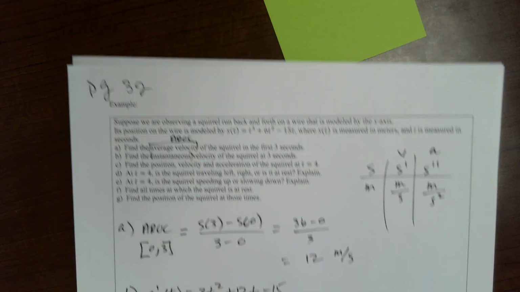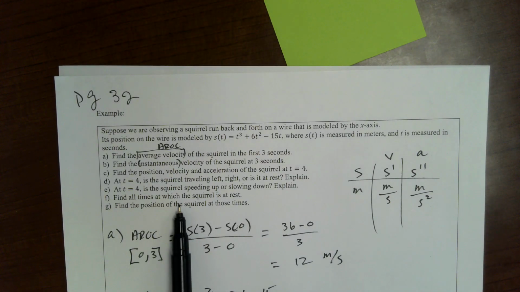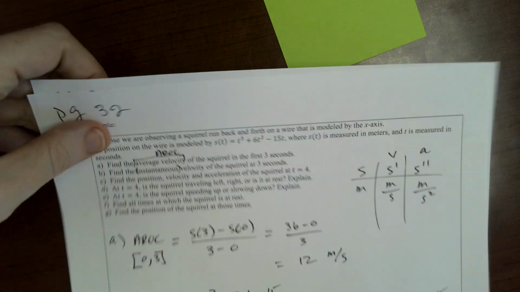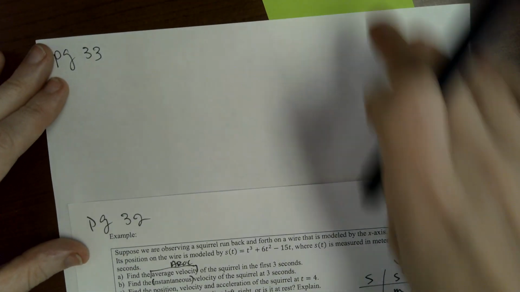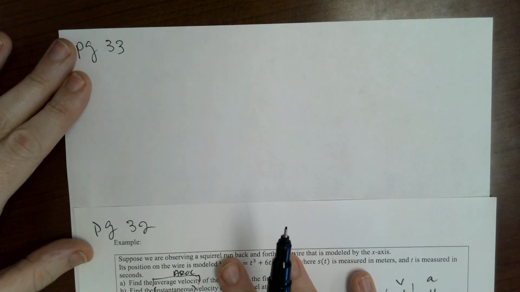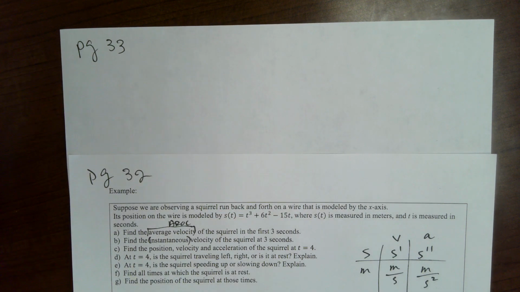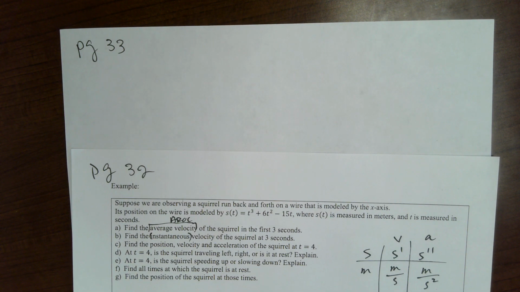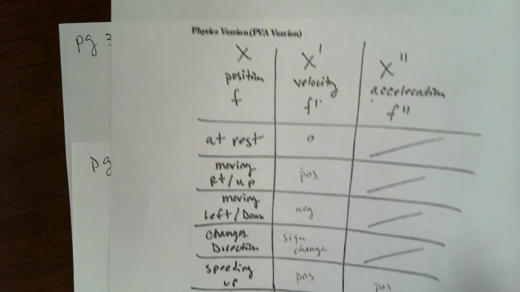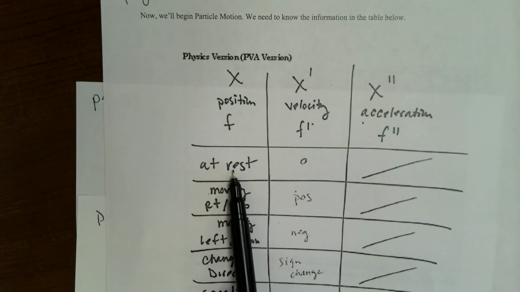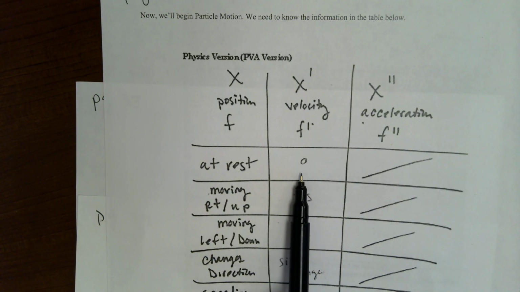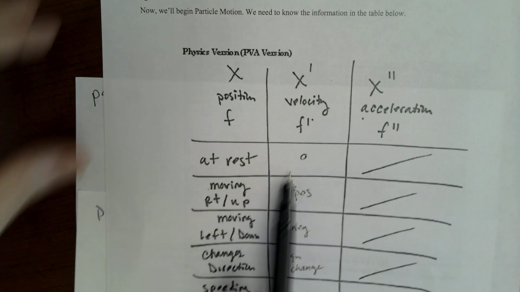Okay, find all times at which the squirrel is at rest. You need to know that if you're looking for where a particle is at rest, that is where the velocity is 0.